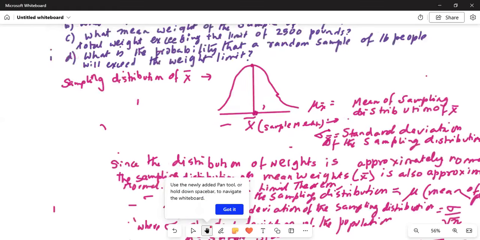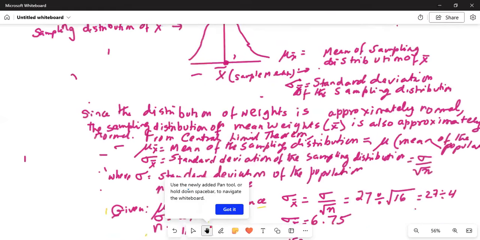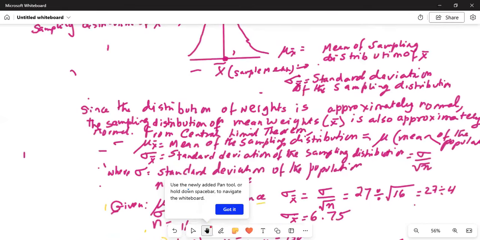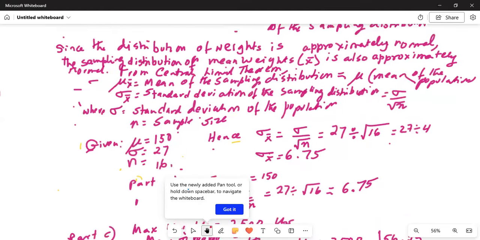First, it asked what is the mean weight of the sampling distribution. The sampling distribution is a sample mean for 16 people.